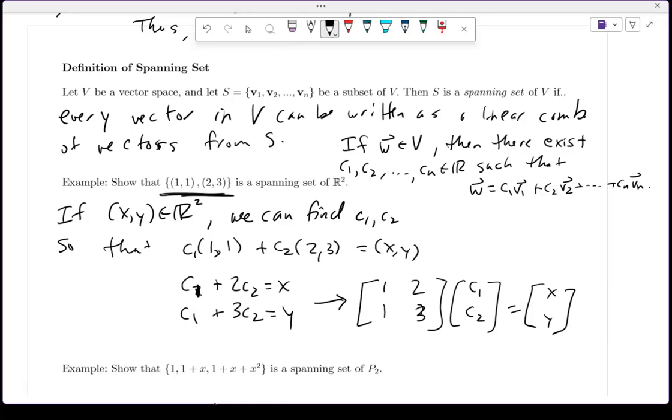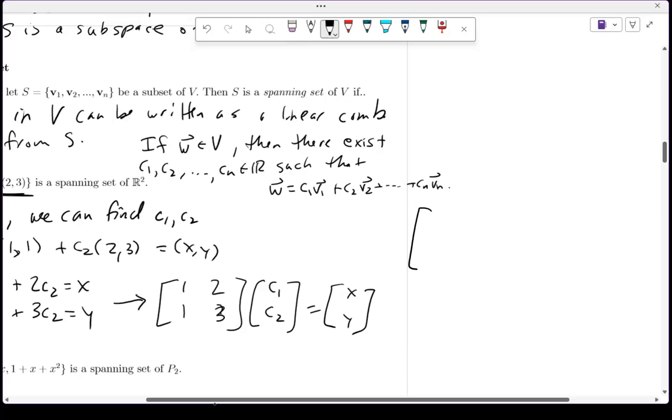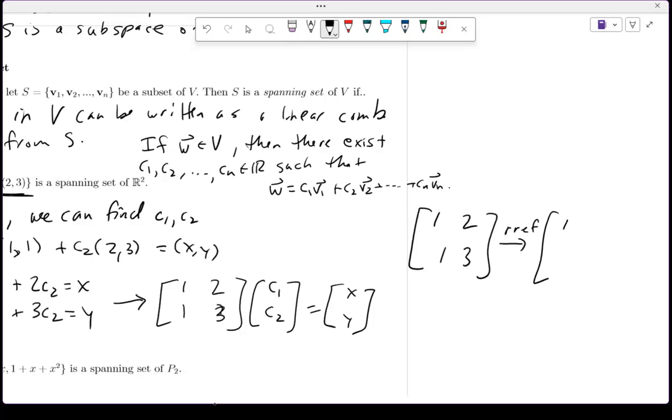So notice here again, we talked about this the other day, my columns are just the vectors, right? So the process for showing that this is going to be a spanning set is to put it in a matrix and row reduce. That sounds familiar, right? So for a spanning set, you're going to do the reduced row echelon form. In this case, you should get the identity.